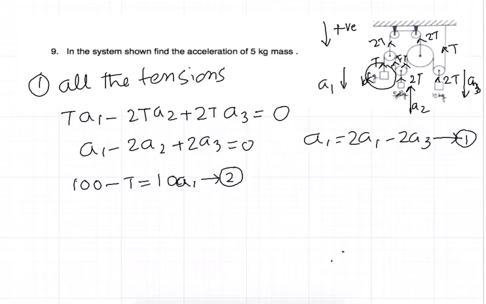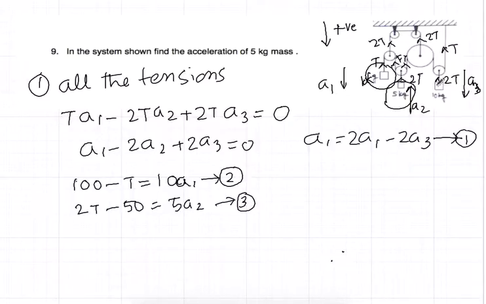Next we'll take this as a system. This body is going upward, so obviously 2T will be more. So 2T minus 50 equal to 5 a2. That is our third equation.